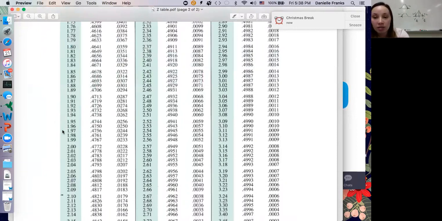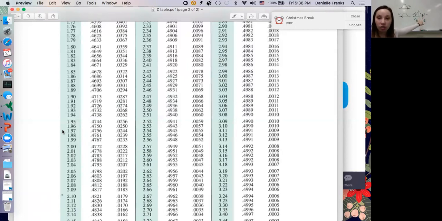So this z-score, 1.96, is really important. Make sure to memorize the z-score of 1.96 because that's where we start seeing statistically significant results when we work with z distributions.